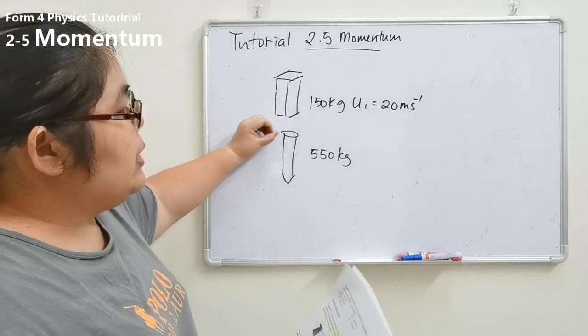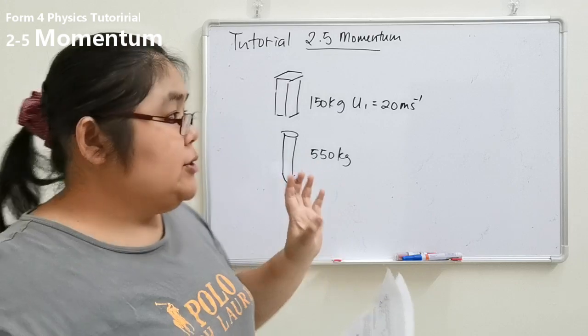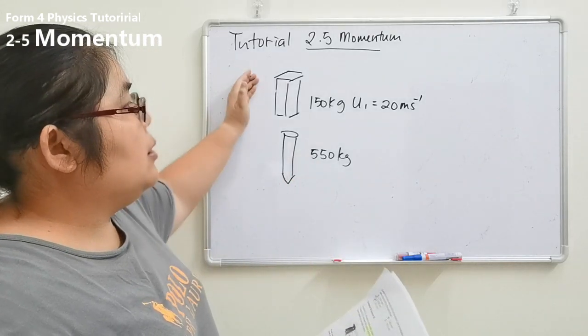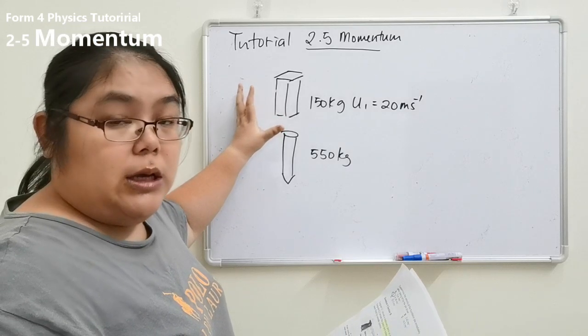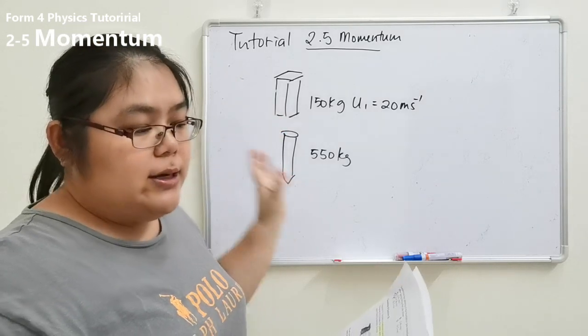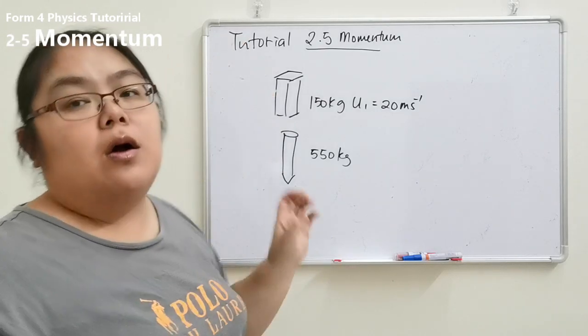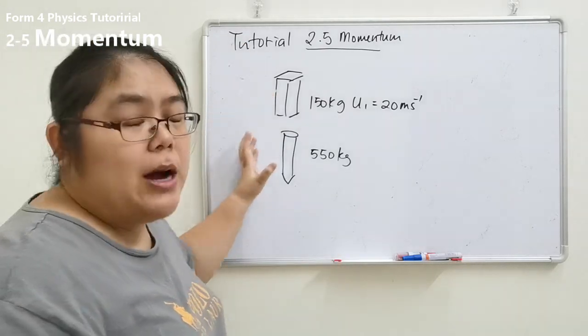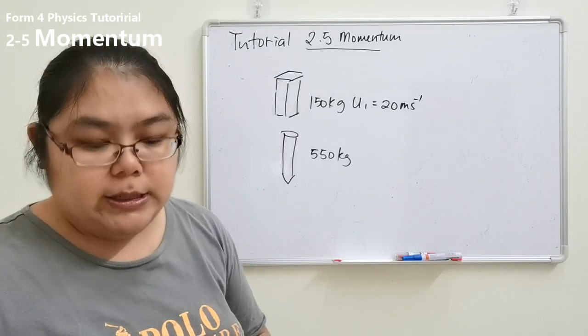So when they hit together, they ask you what is the velocity of the foundation pile. It is the same as the pile driver velocity, because they stick together already. So whether the question asks the velocity of the pile driver or the velocity of the foundation pile, actually it's the same thing. Because they stick together, the velocity should be the same.